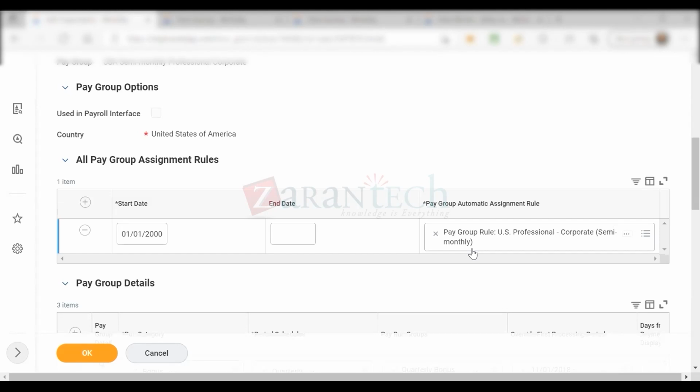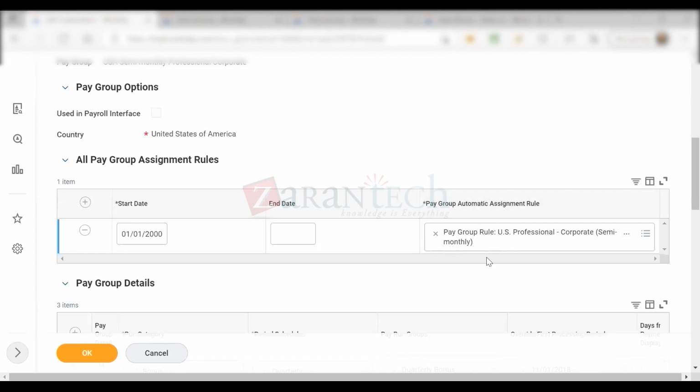Workday gives us a rule where I can configure that if my proposed location state is in south, the proposed pay group is going to be south pay group. If the proposed location state is in north, the proposed pay group is going to be north. That way, the pay group is going to get pre-populated based on the rule we configure here.